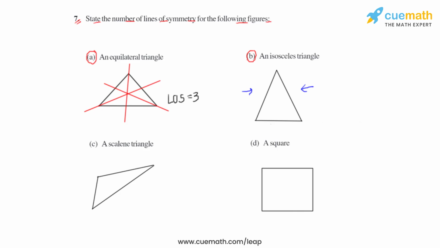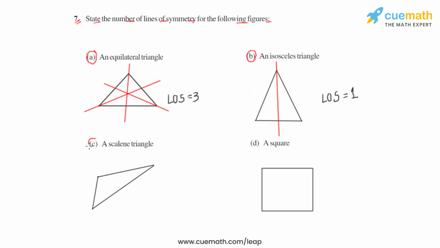This isosceles triangle can only be divided into two equal parts using this vertical line, because if we fold the figure about this line, these two equal sides will coincide. It's not a regular polygon, so the number of lines of symmetry will be only 1.